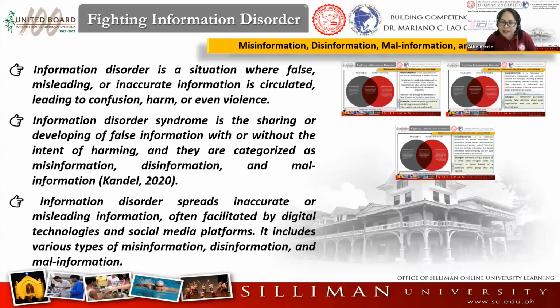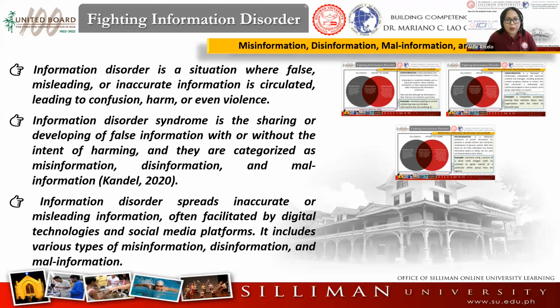So we go to the next definition. The most important way to address this is to have an idea of what information disorder is, because when we say information disorder, it's very rampant, because the spread of erroneous, misleading or inaccurate information can cause information disorder, which can result in injury or even violence at times.